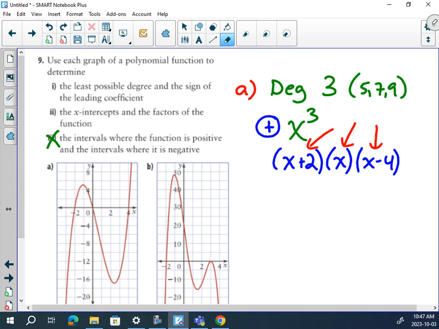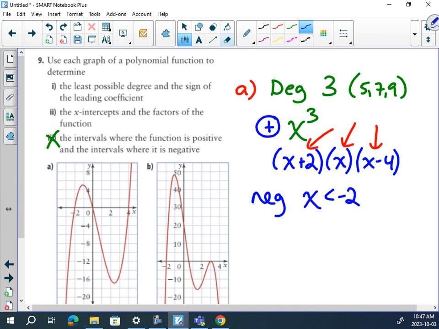So here the intervals are basically just asking us that. And how they are written, I don't even remember, but it could be something like our values are negative when x is less than -2, or 0 is less than x is less than 4.